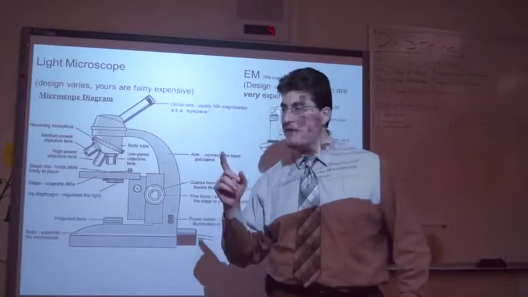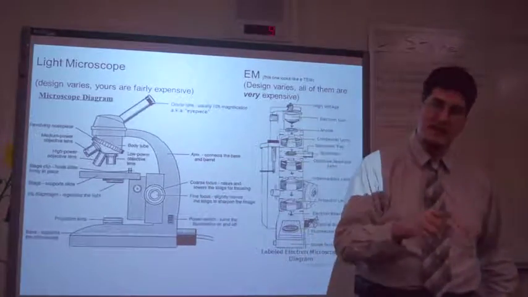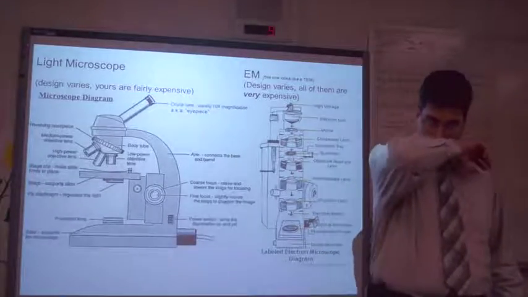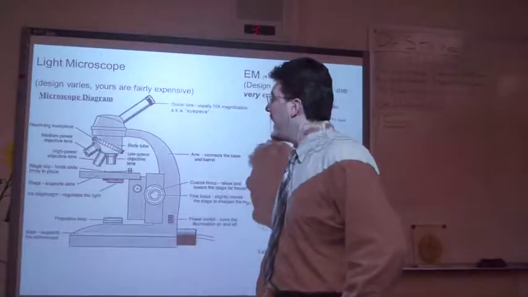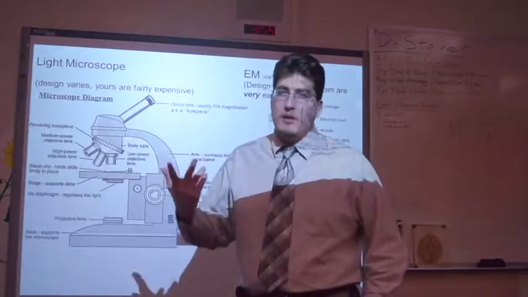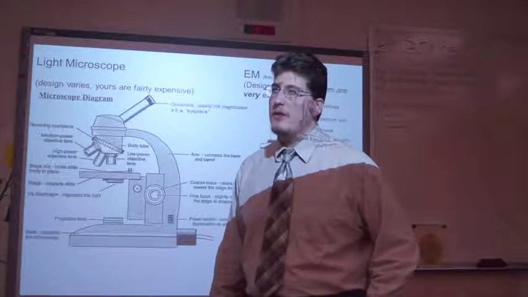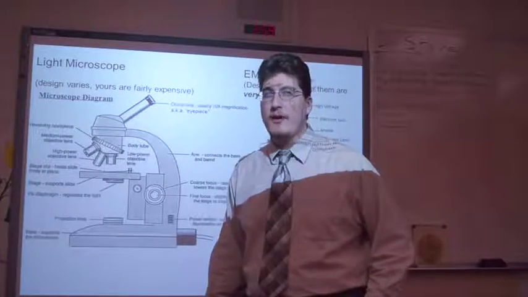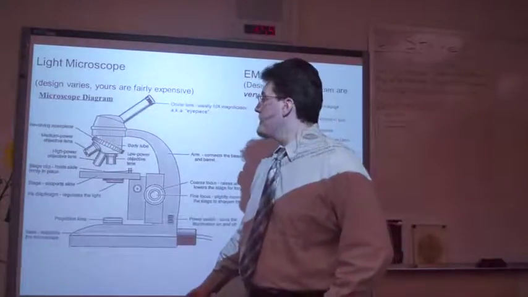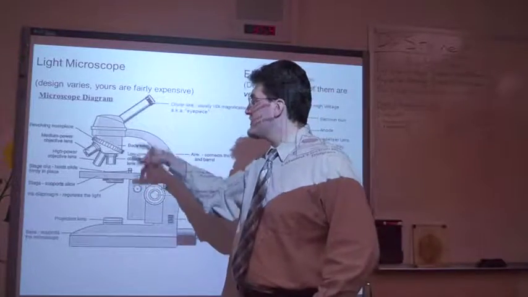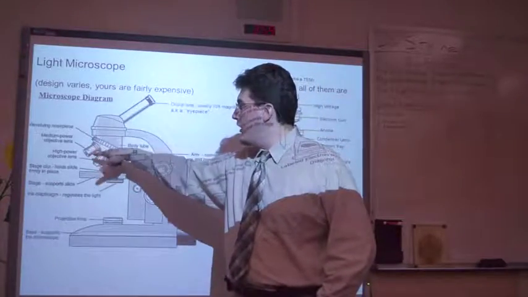We do not have those lenses in place on your microscopes because they're expensive and we don't want you to break them. And you don't need to use them anyway. And also we don't have the oil, so no, on all counts. And the scanning, low and high power.